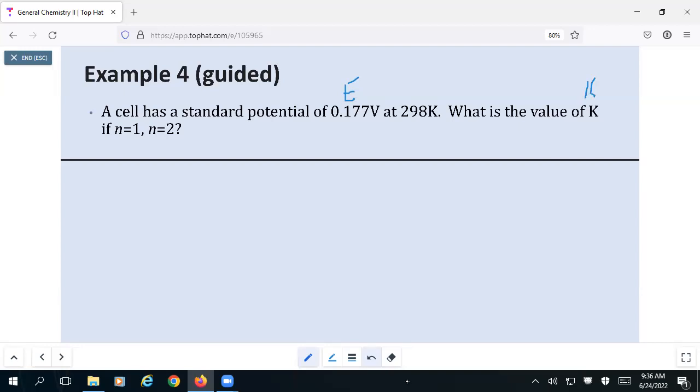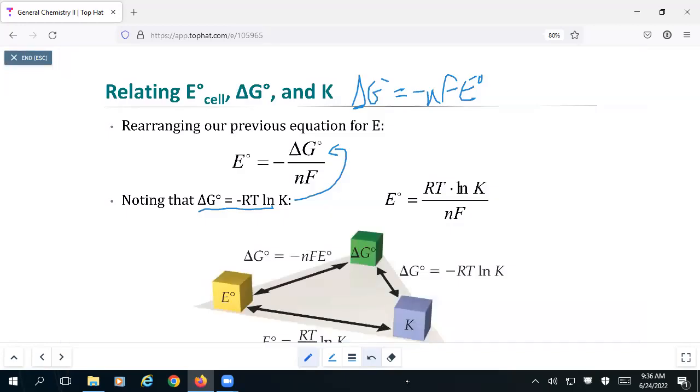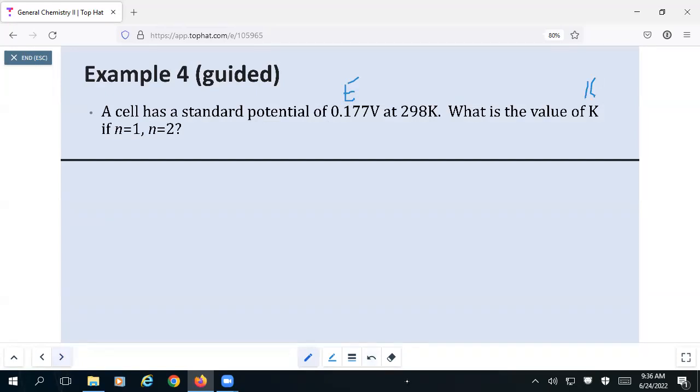Delta G is not in the picture. So we are going to use this equation. E is equal to RT over nF times the natural log of K.